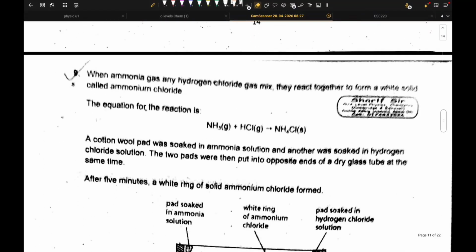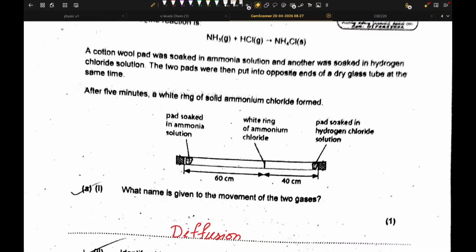Fine. Let's go to question number 9. Okay, this one is interesting. This is the experiment between ammonia and hydrogen chloride. Now, if we take two cotton balls, soak one in ammonia and the other one in hydrogen chloride, and place them at two ends of a tube, eventually what we will see is these gases start to evaporate and they react with each other, forming a ring of ammonium chloride.